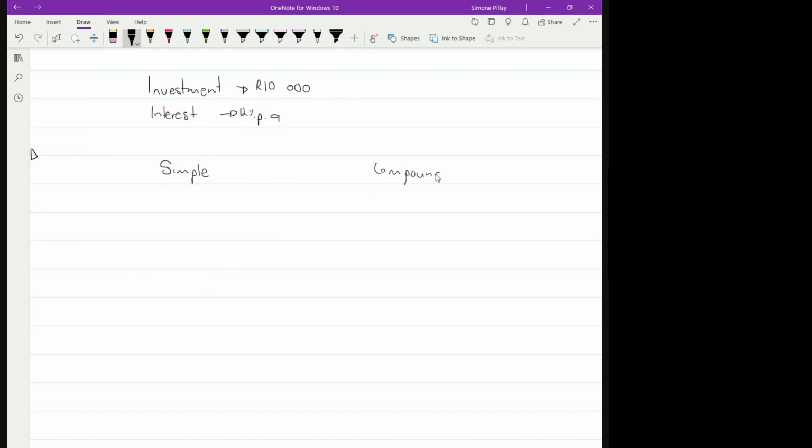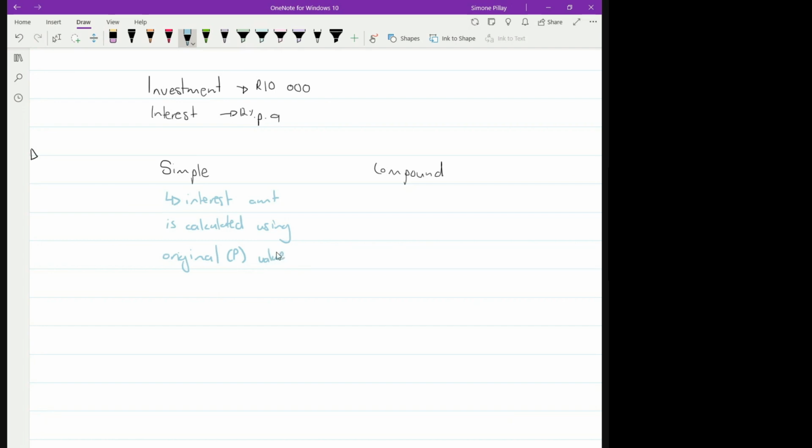Now, when we use simple interest, your interest amount is calculated using your original value. In other words, because we know the formula, your original value is going to be your P value.